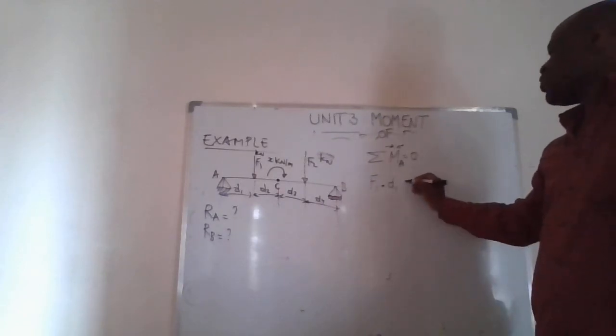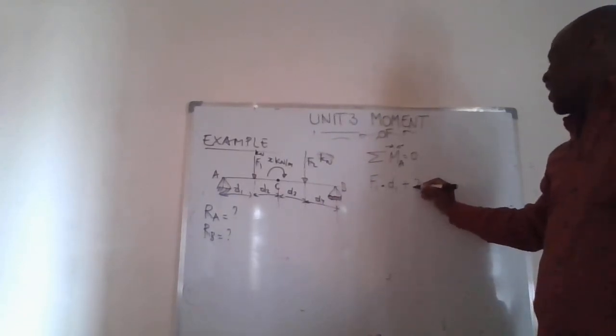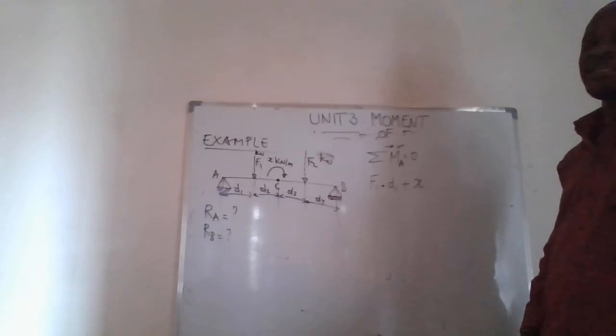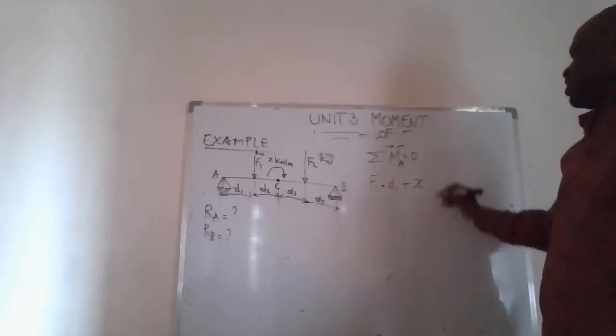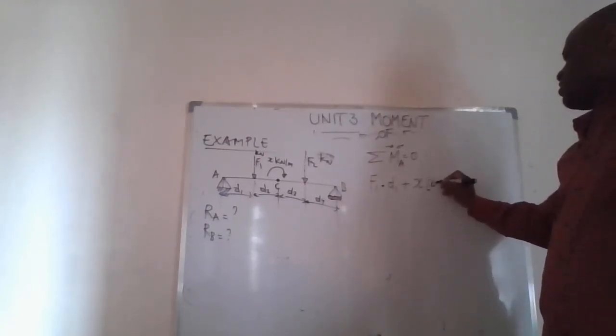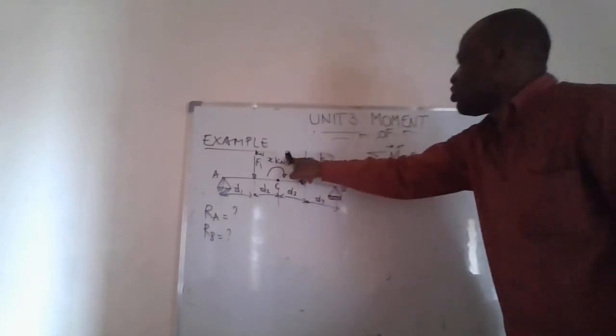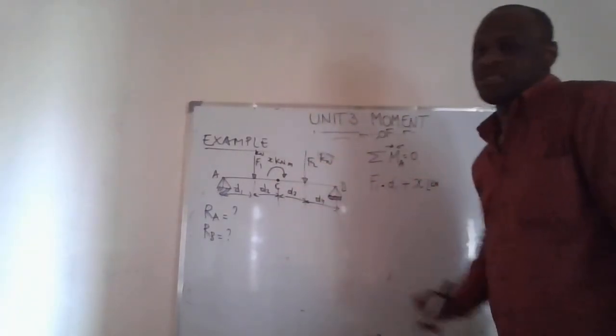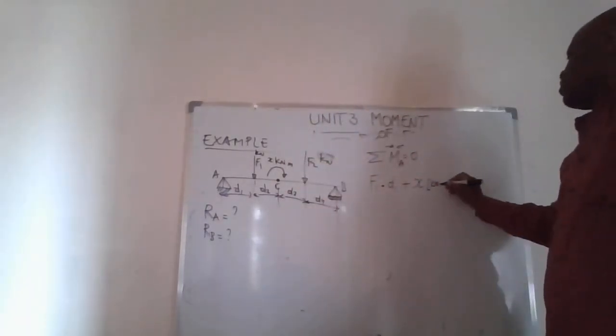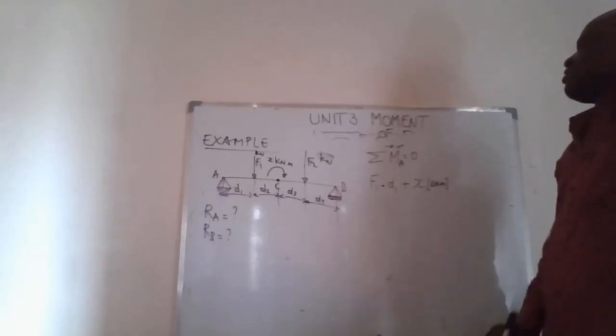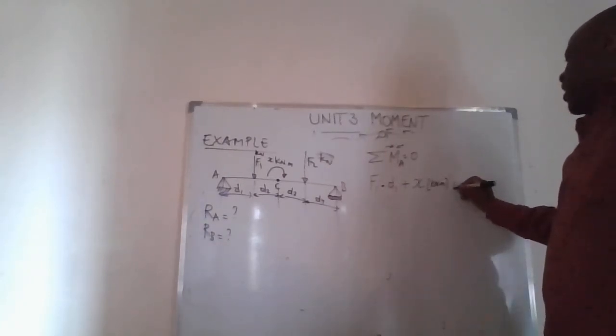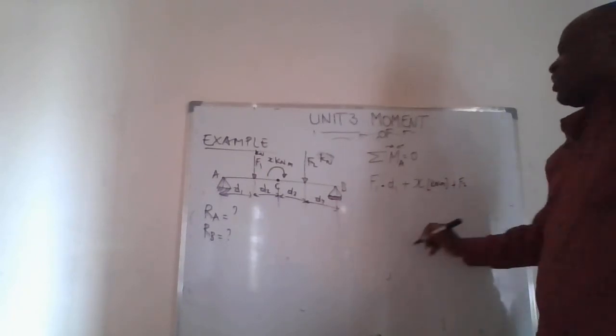It means because it's already defined, I will add it as is, plus X, in kilonewton meters. Plus F2, what is the moment arm?